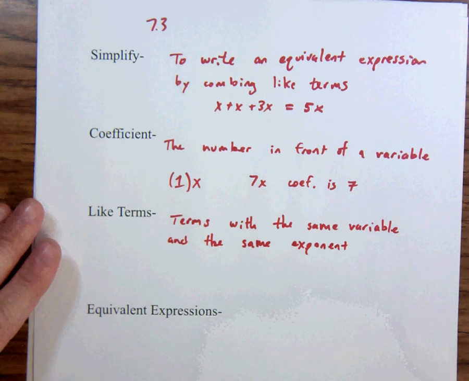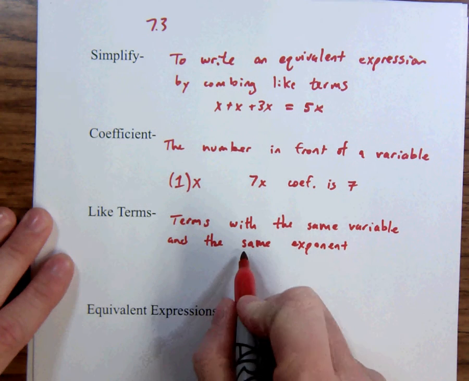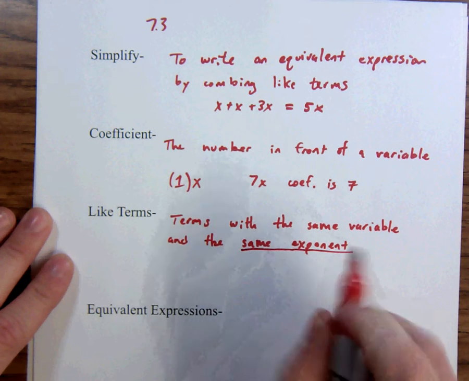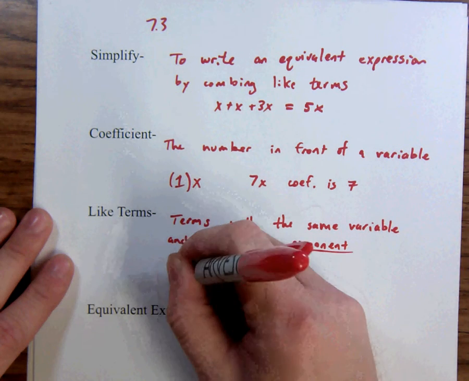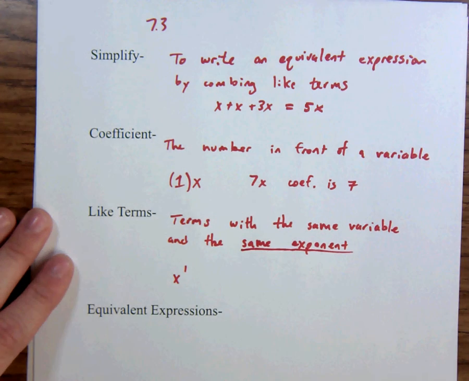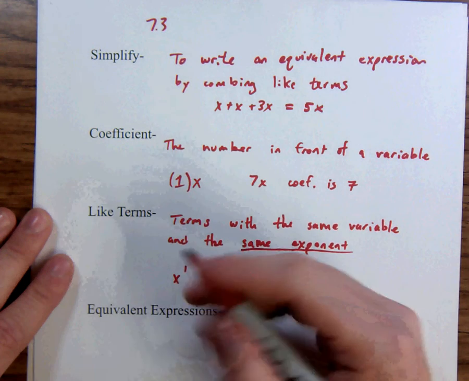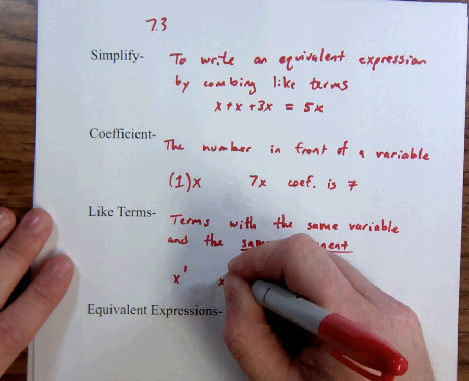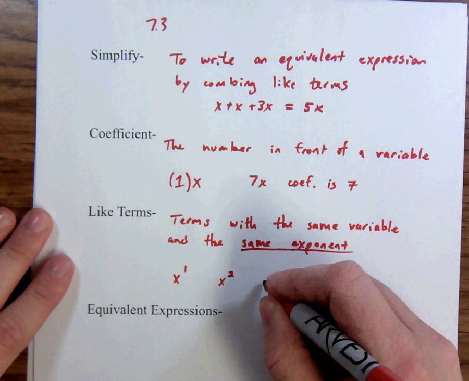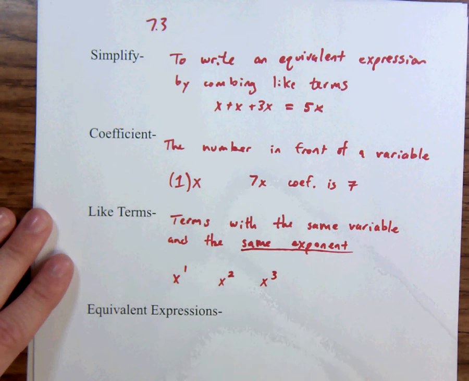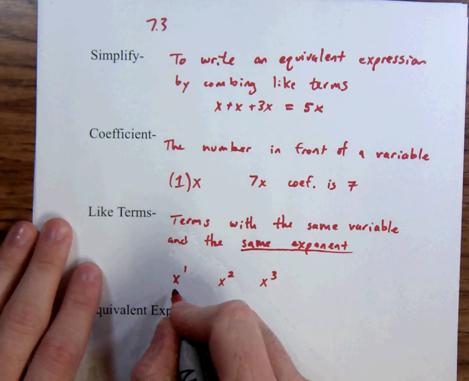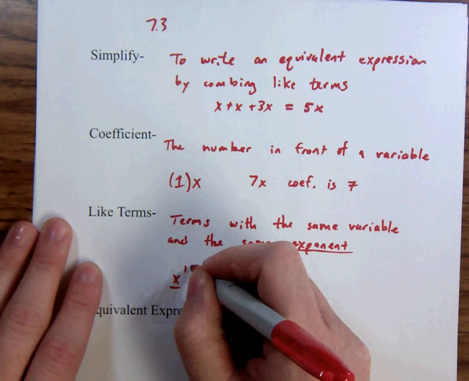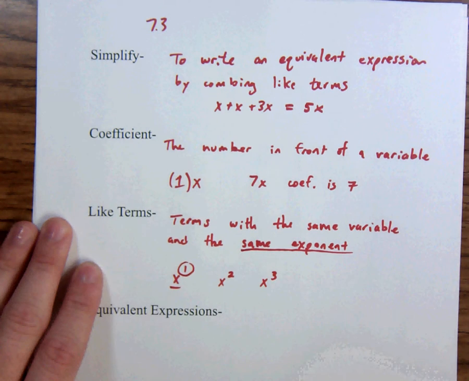Now in 6th grade, most of the exponents that we use for like terms are mostly going to be to the first power, which we again don't write. It's understood that it's there. But we might see, say, x squared, or we might see x to the third. I doubt that we'll see much higher, but as long as they are the same variable, which is the x, and the same exponent, which is a little number at the top, they can be combined or simplified.